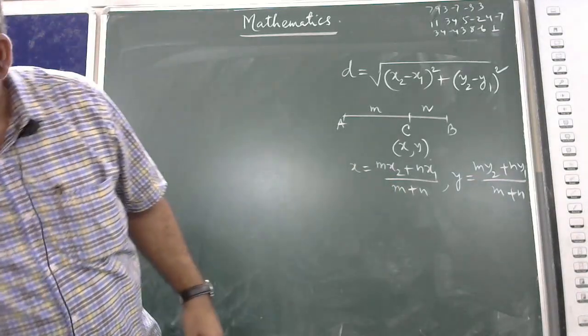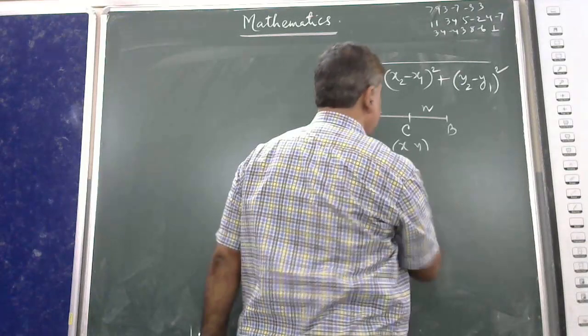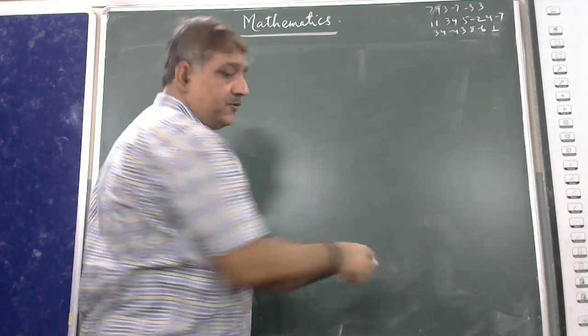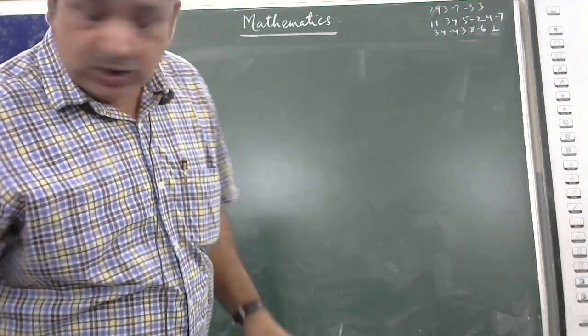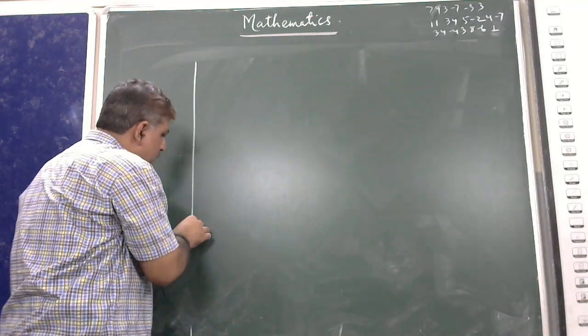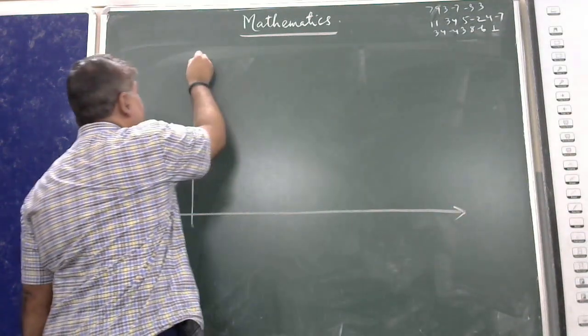Now, we should discuss the area formula. That formula is also an important formula for this branch. So, to get the area of a triangle which is formed by 3 points, see, we have two axes.